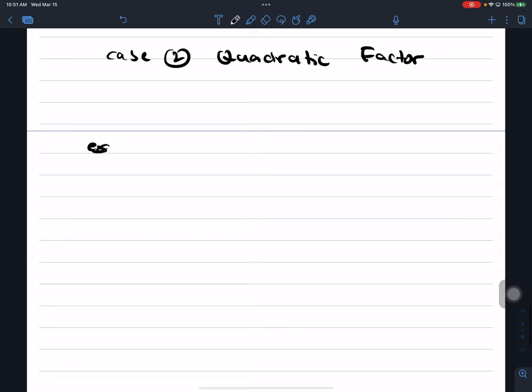All right, now here's what I'm going to do for you guys. This is thought of as case 2. That's when you introduce a quadratic factor. So when you have a quadratic factor, and I'll share with you what that even looks like: x squared minus 5x plus 16.